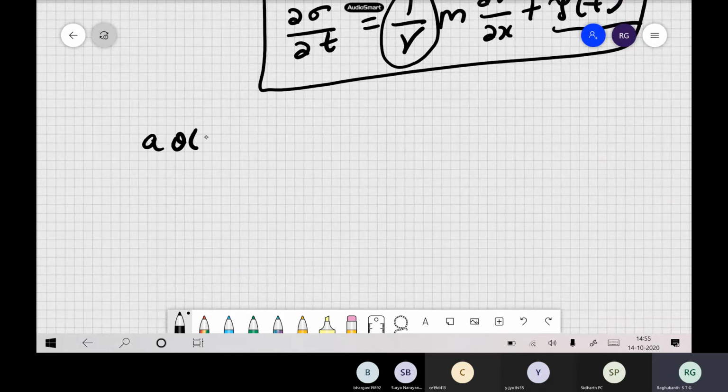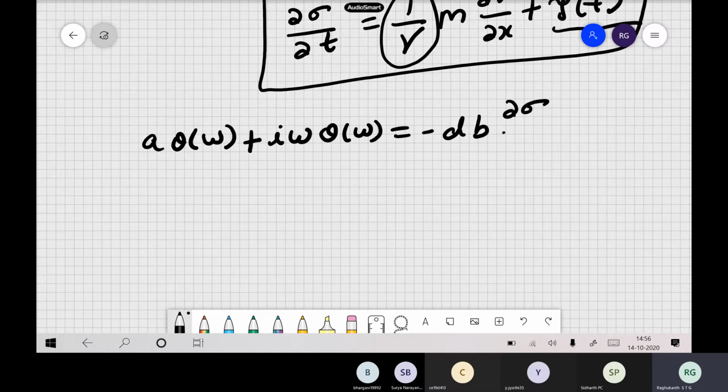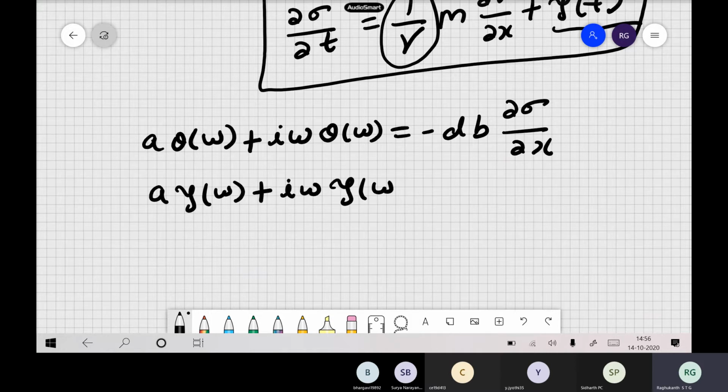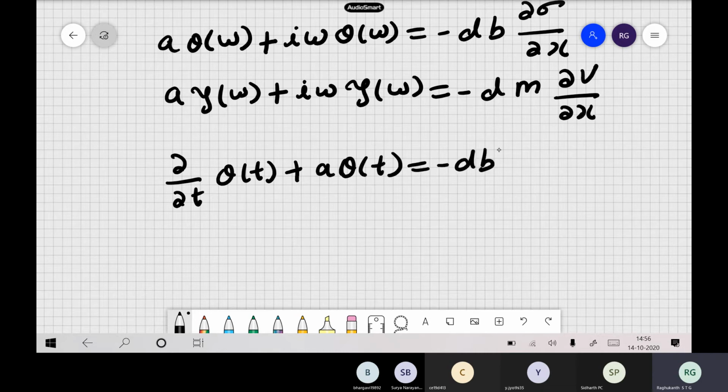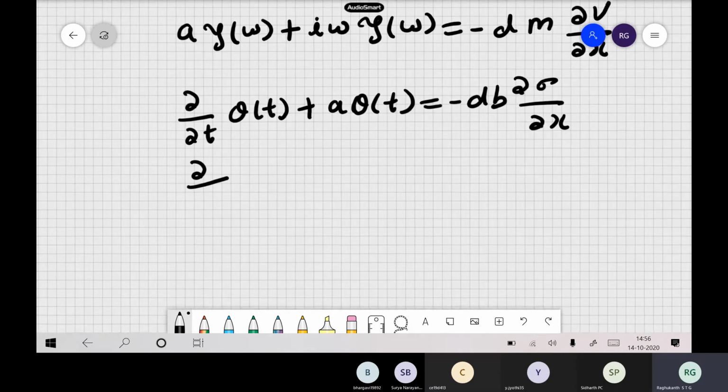So a θ of ω plus iω θ of ω is equal to minus d b ∂σ/∂x, and we have ψ of ω: a ψ of ω plus iω ψ of ω is minus d m ∂v/∂x. So this also you take a Fourier transform. So you have ∂/∂t θ of t plus a times θ of t equal to minus d b ∂σ/∂x, and ∂/∂t.